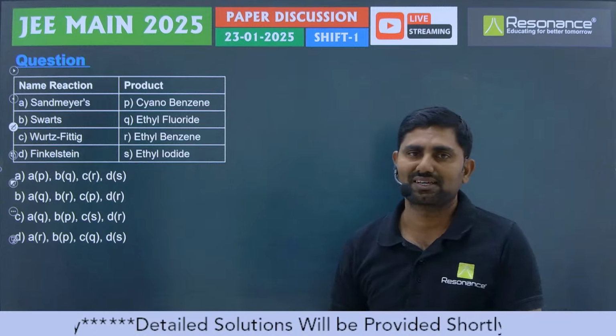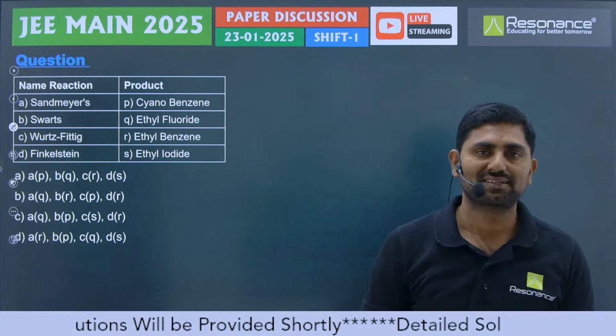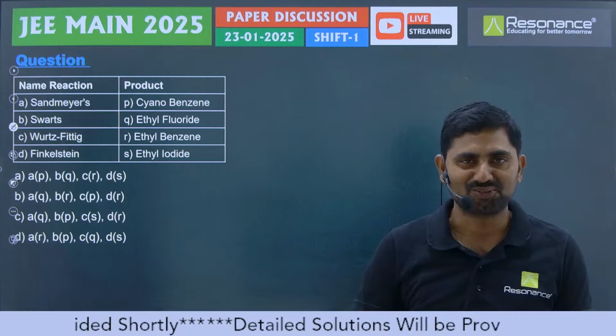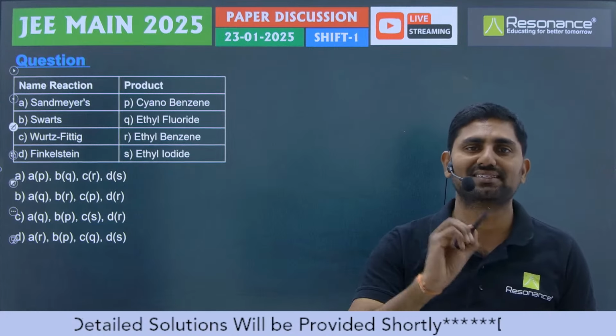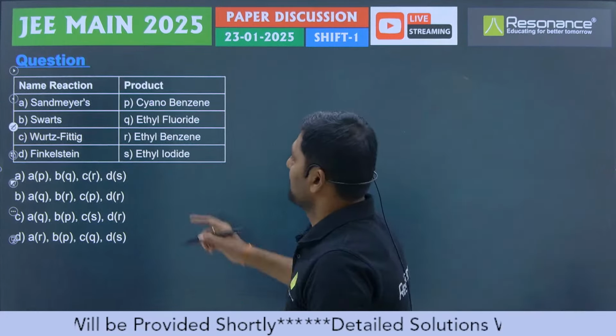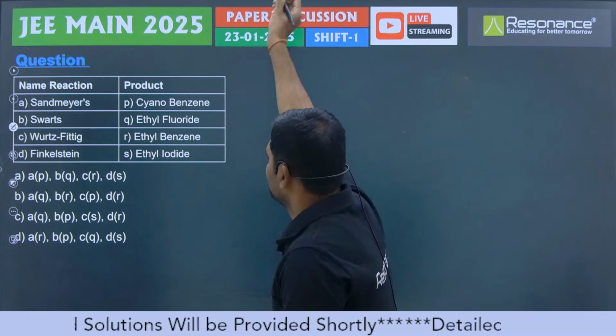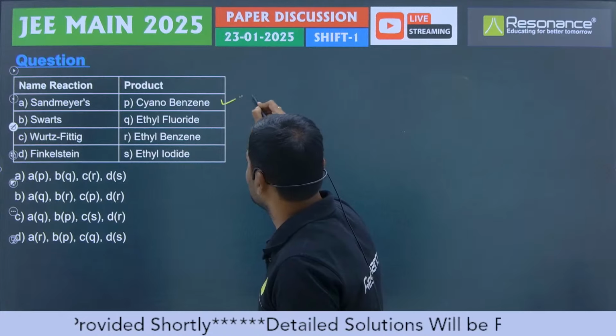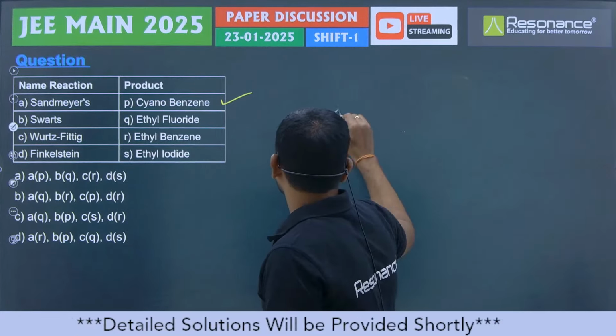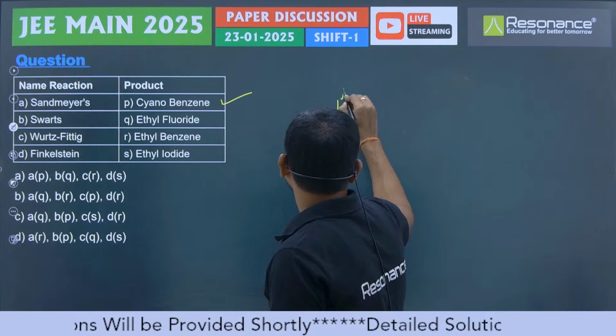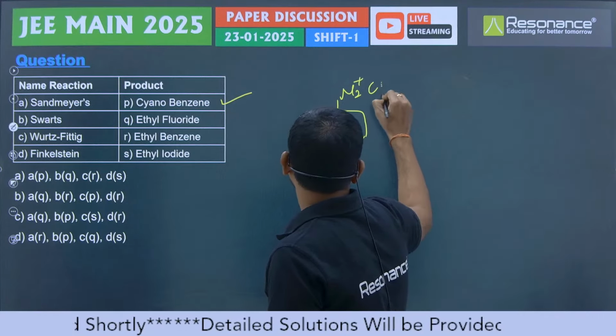Now one more question came. It is directly from NCERT. Only sidings. Even you don't need to learn anything here, just sidings. See Sandmeyer reaction, where they have given cyanobenzene. So Sandmeyer reaction means benzene diazonium chloride, N2 plus Cl minus.